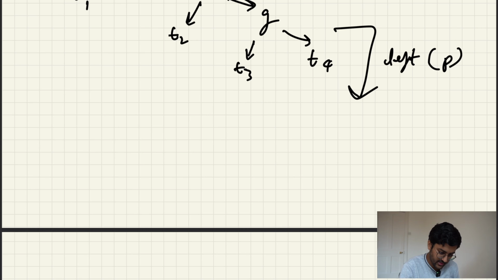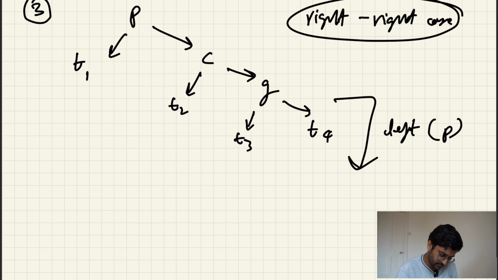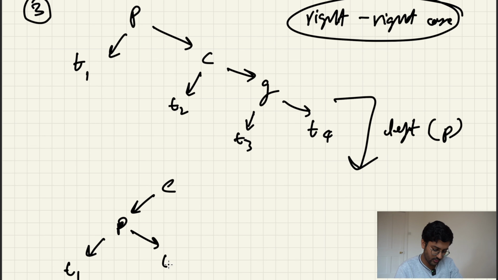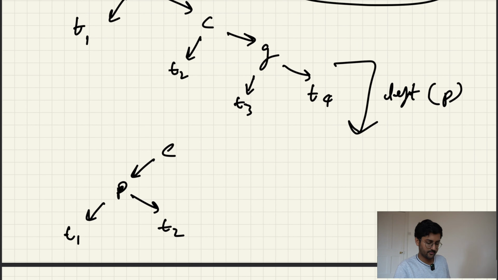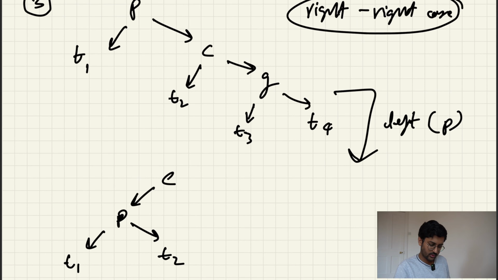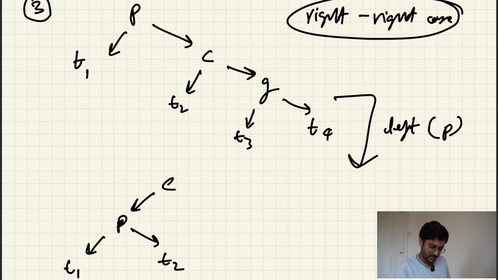Left rotate on P. C will come above, P will go here, T1 will go over here, T2 will go over here, because it has to be greater than P, that is fine.